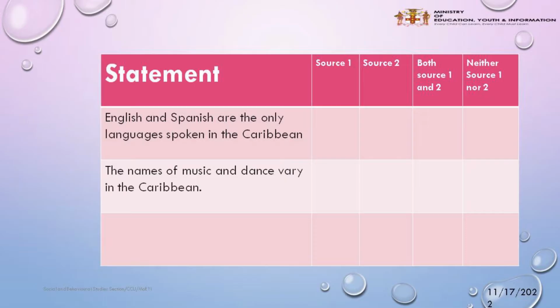And we can always skim and scan to ensure it is so. So let's take a look at the following statements. Statement number 1 says, English and Spanish are the only languages spoken in the Caribbean.